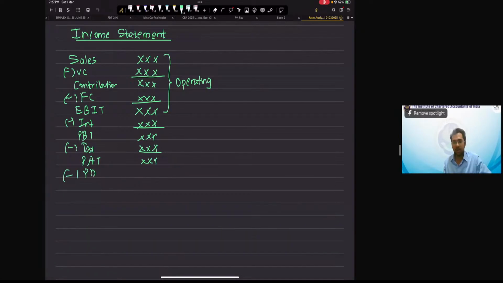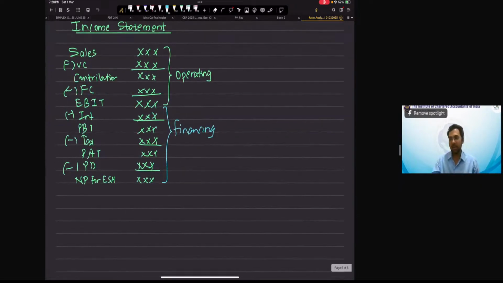From profit after tax, you subtract the preference dividend to arrive at net profit for equity shareholder. Right? Now, whatever is happening beyond EBIT, that is actually the financing part.